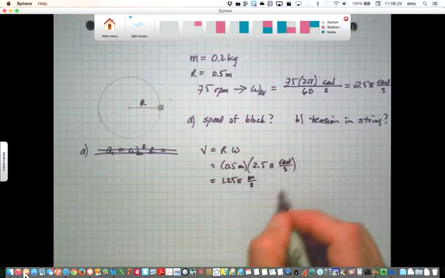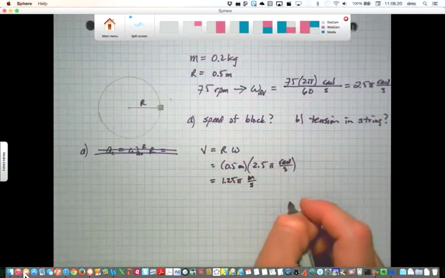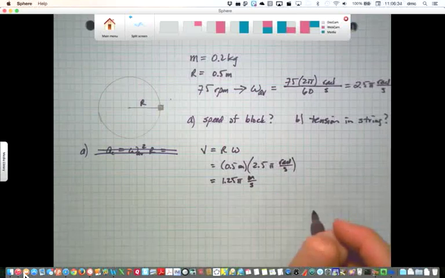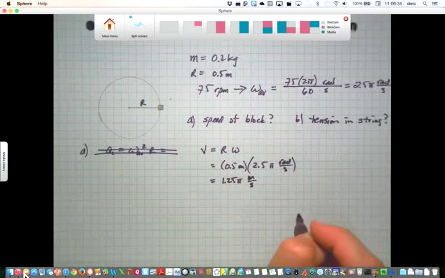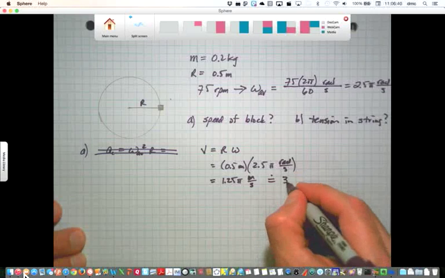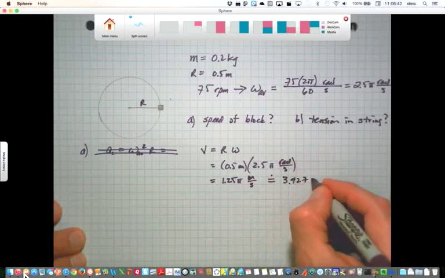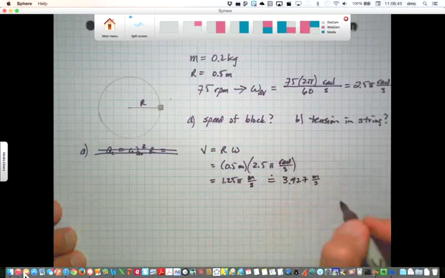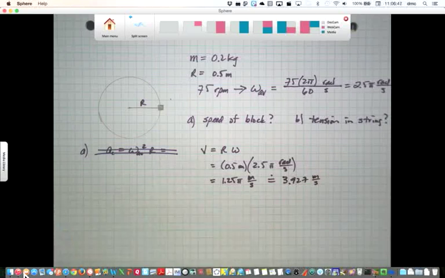Once we get into some other unit, we don't use it anymore. So there we have it, 1.25 pi meters per second, which is approximately 3.927 meters per second. That's a lot quicker than the route I was about to take, which would have ended up being reducing down to that same thing. Okay.